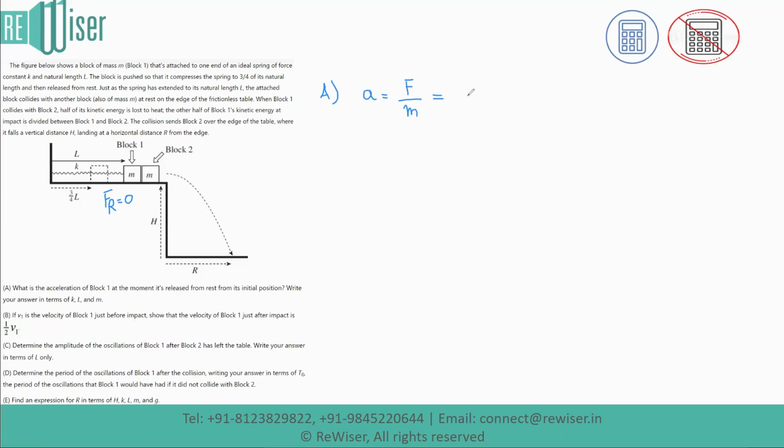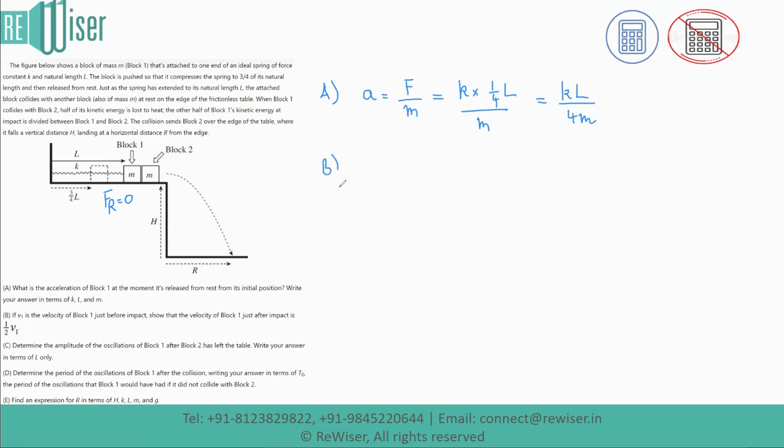Since it's compressed to 3/4 of its original length, the change in length, delta x, is 1/4 L. Since F is equal to kx, with delta x equal to 1/4 of L, the force divided by M simplifies to KL divided by 4M. So this is the acceleration.